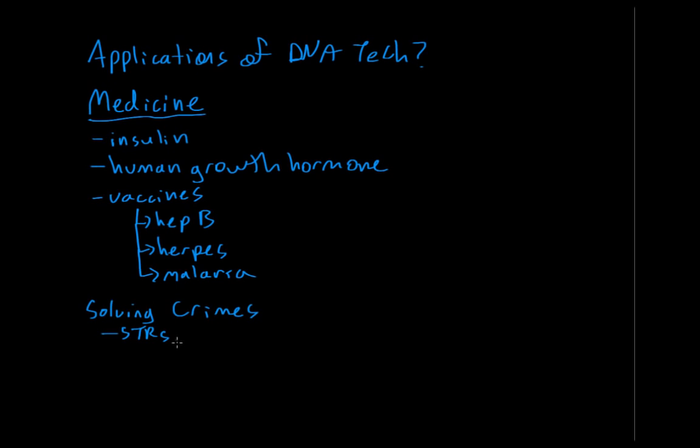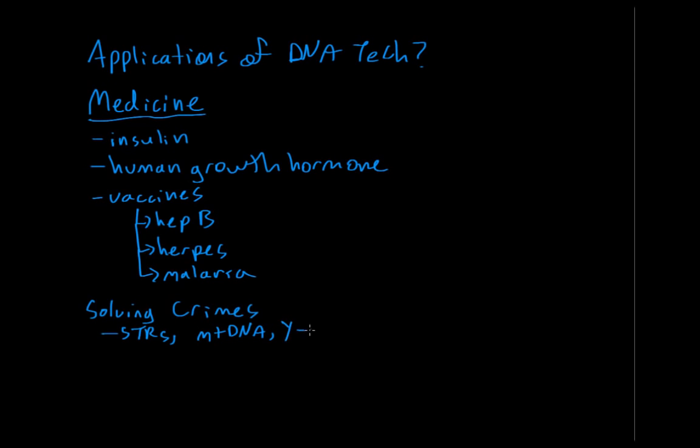They can also look at mitochondrial DNA. So mitochondrial DNA is inherited from your mother, and it's found in really high amounts within an individual cell. So even if there's very little sample available, forensic scientists can analyze mitochondrial DNA in order to identify a potential suspect. Another technology that is used in forensic science is Y chromosome typing.